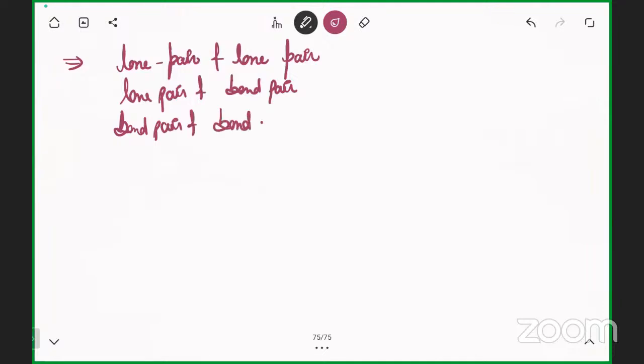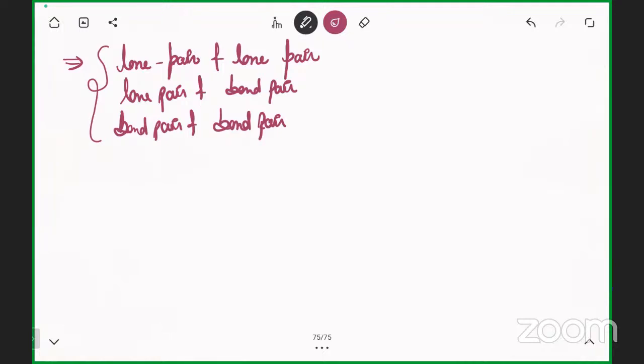In all these three conditions, lone pairs and bond pairs are made up of electrons, so there is repulsion. Now tell me, which one will have maximum repulsion: lone pair and lone pair, lone pair and bond pair, or bond pair and bond pair?